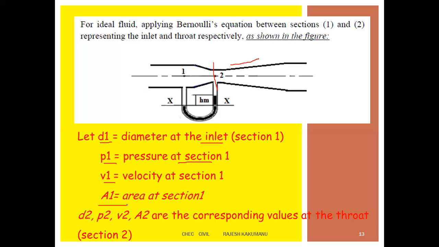So what are we taking in section 1? We are taking pressure, velocity, area. Similarly, D2, P2, V2, A2 are the corresponding values at section 2, that is at the throat point.